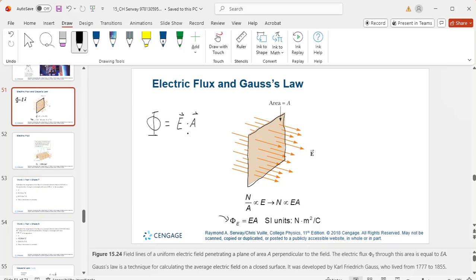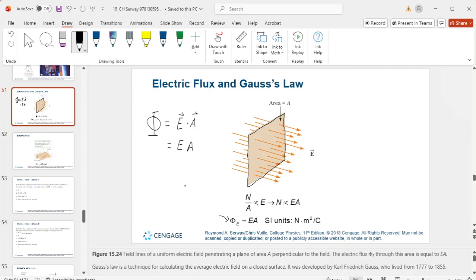Again, there are two ways to multiply vectors, and one way gives you a vector back, and the other way gives you a scalar back. And in fact, this is the scalar way. So what this turns into is just the product of the magnitudes of the area times the value of the electric field penetrating through that area.